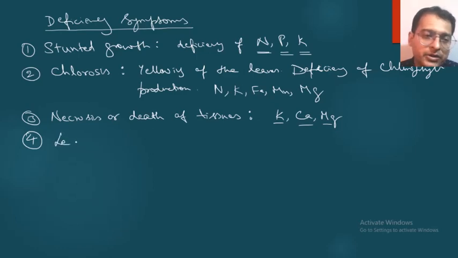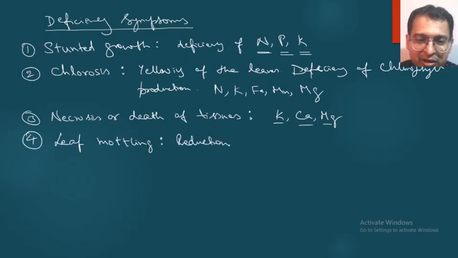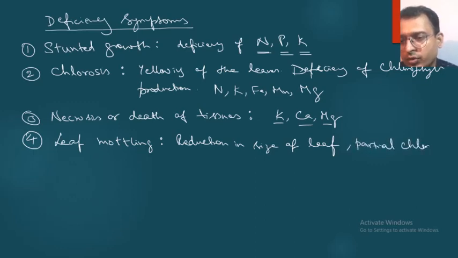And the last deficiency we are going to look at is leaf mottling. Leaf mottling is a reduction in the size of the leaf, and there is a partial chlorosis.